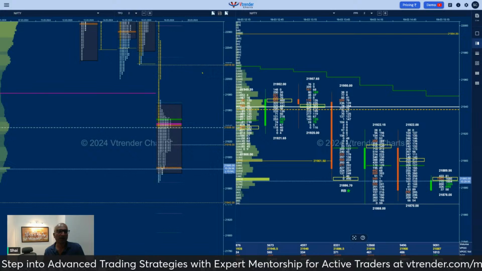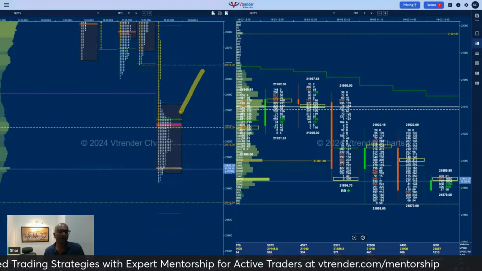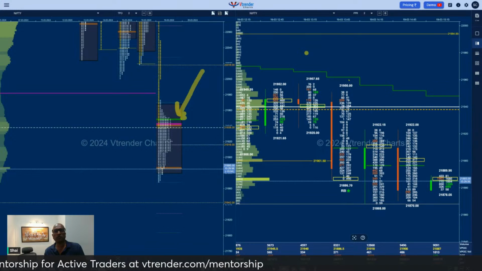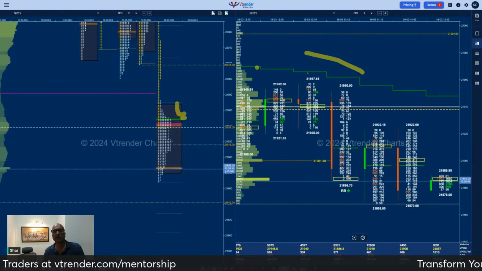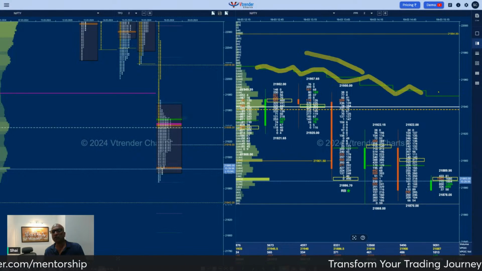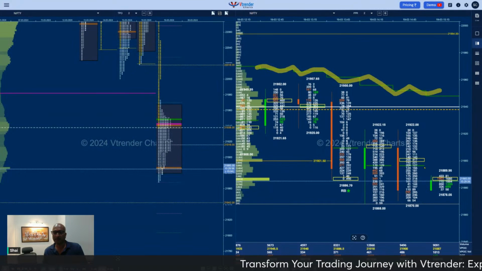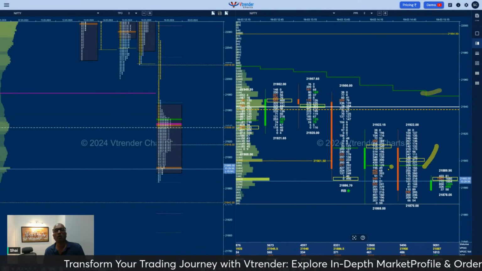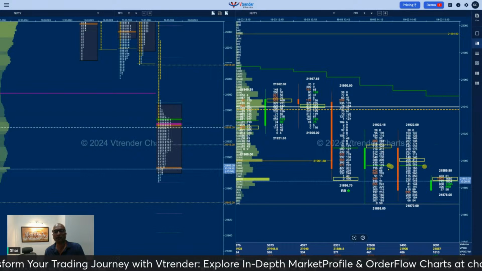So in the market profile chart, wherever you see this color green, this is the VWAP. In the order flow chart it will come up as a green color line, and in all of our charts, even in the order flow bar chart, this color green is the VWAP of the particular bar.